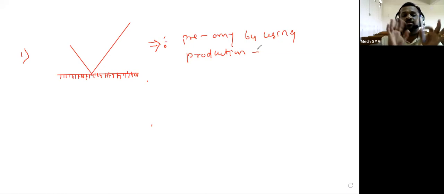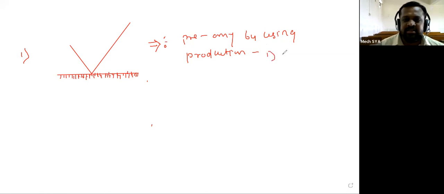We have to produce the component, but you can choose any production method. If such type of symbol is there in your drawing, you have to prepare the component by using any method.